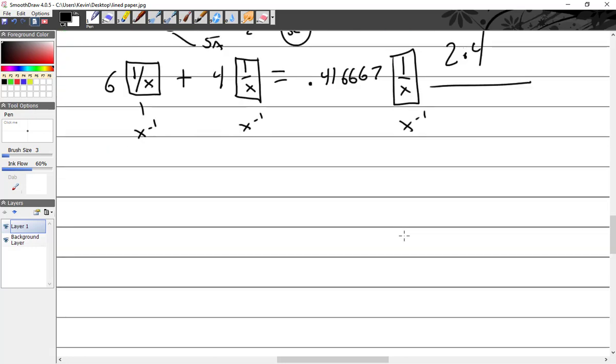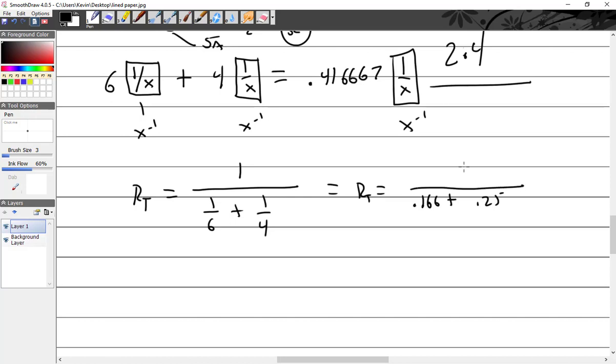So what we're doing is resistance total equals 1 over 6 plus 1 over 4, so 6, 1 over X is basically 0.166, plus 0.25, and that still has the 1 over.